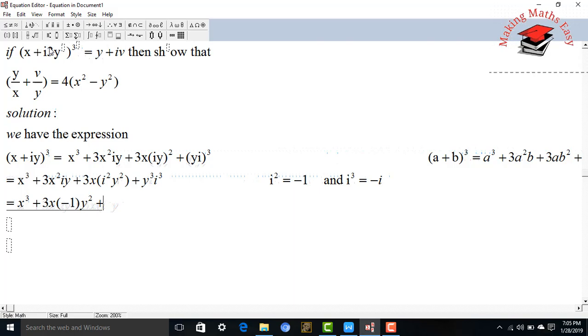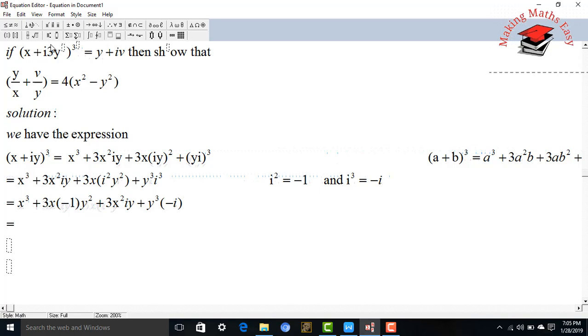Then we take the imaginary part, which is this first of all. So it will be 3x²y plus y³ i³, and the value of i³ will be −i, so I will write it in the bracket as −i.